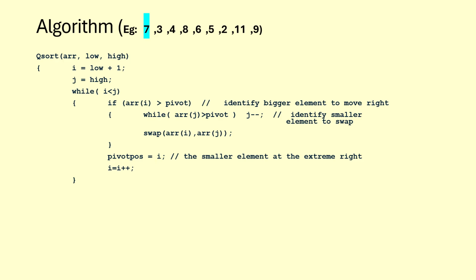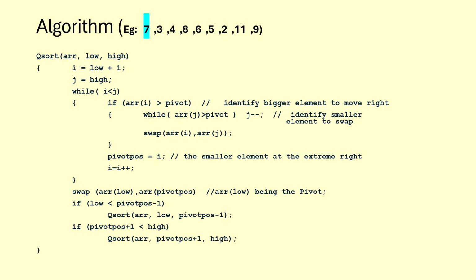Then we are considering the end of the smaller partition as the pivot's position. After searching through the array, we would swap the pivot with the element at the pivot's position. Now we would be sorting the left hand partition and right hand partition recursively.